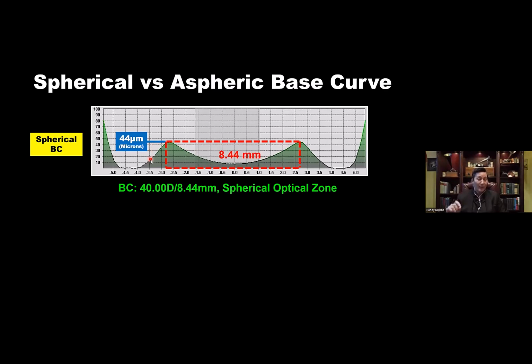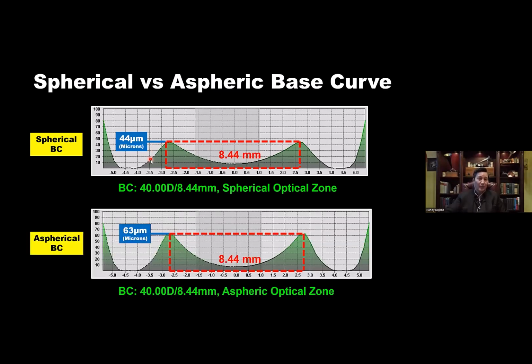Now, I want to put on a lens with an aspheric base curve. So this is now the same radius in the center. It will create the same mold shape. It'll create the same effect that we want or target that we want for the patient. But notice with the aspheric base curve, you get a thicker fluid layer.